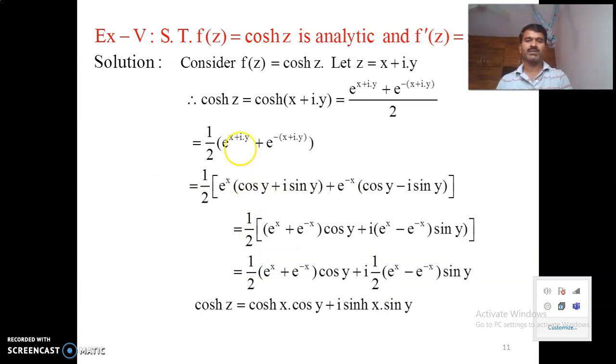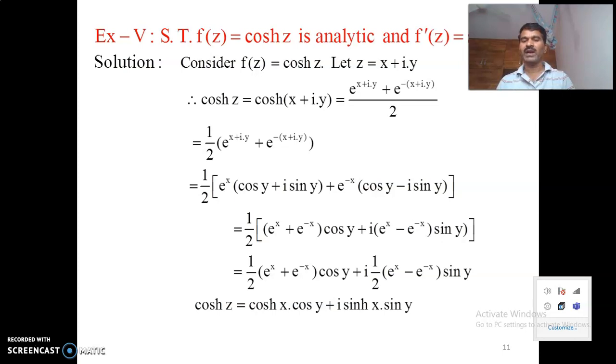Similarly, you can take the hyperbolic functions, sine hyperbolic and cos hyperbolic; the derivative of cos hyperbolic z is sine hyperbolic z. Consider these and replace z equal to x plus iy.